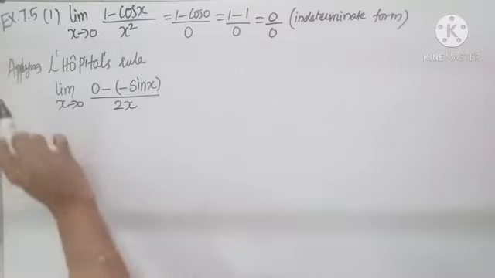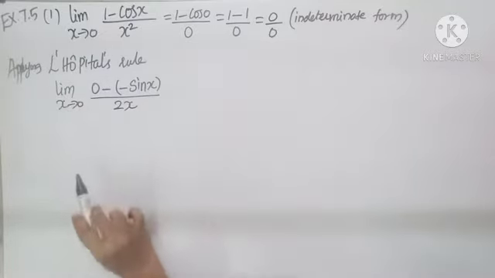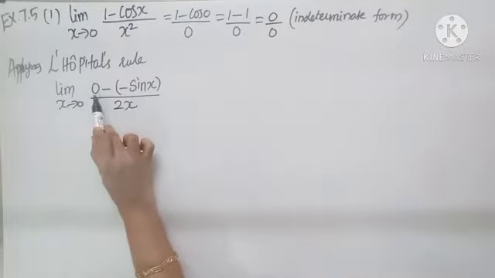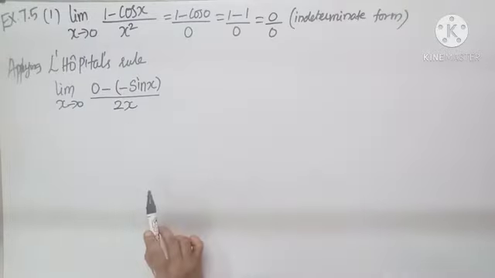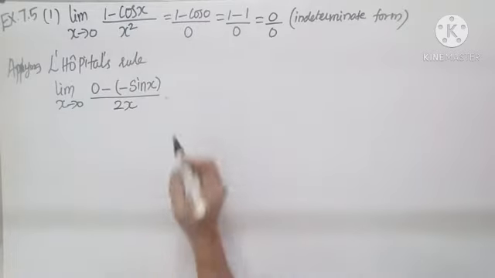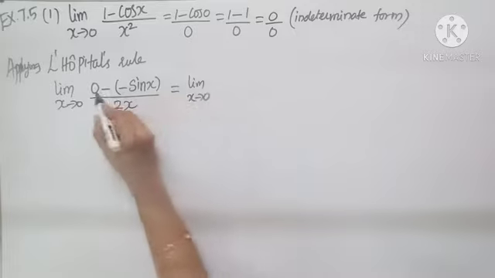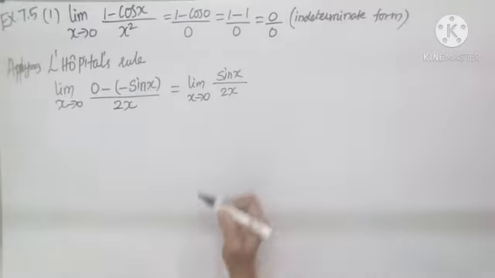So we are applying L'Hopital's rule. Limit x tends to 0. Differentiate the numerator: 1 will become 0, minus cos x becomes minus sin x, divided by x square becomes 2x. This is limit x tends to 0, minus into minus plus sin x by 2x.